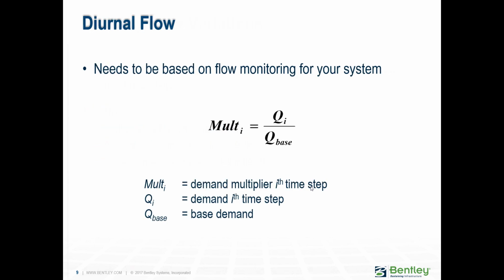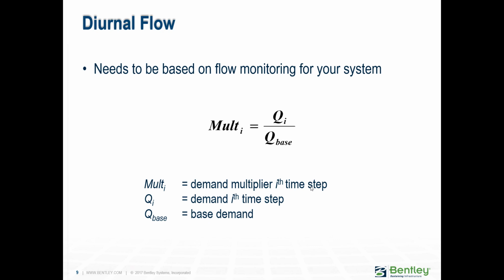And how do you come up with that pattern? Typically, you look at the flow monitoring or the flow meter at the treatment plant. So you know what was the incoming flow every 15 minutes, every hour, or whatever intervals you have.